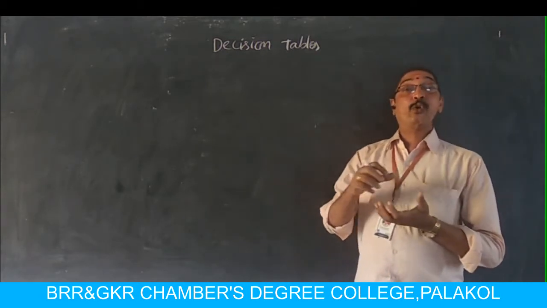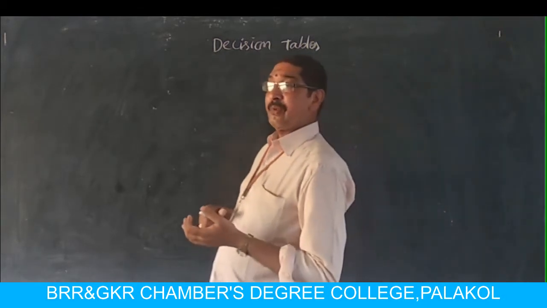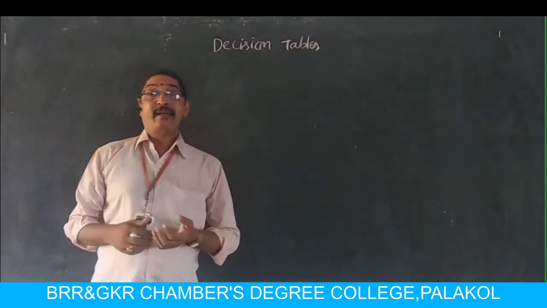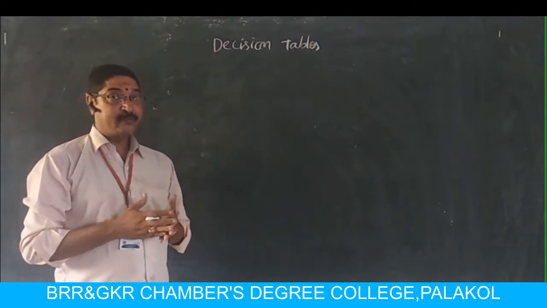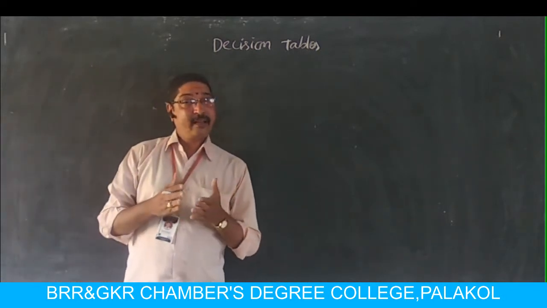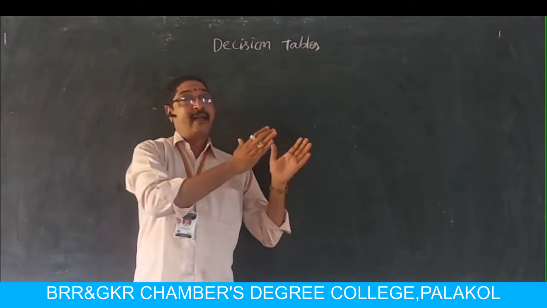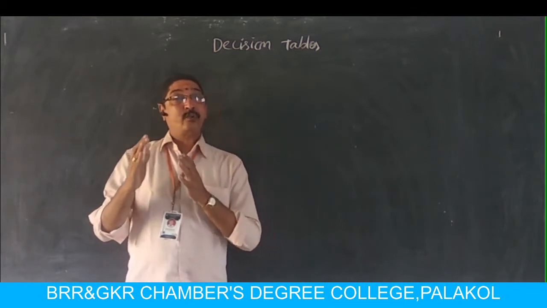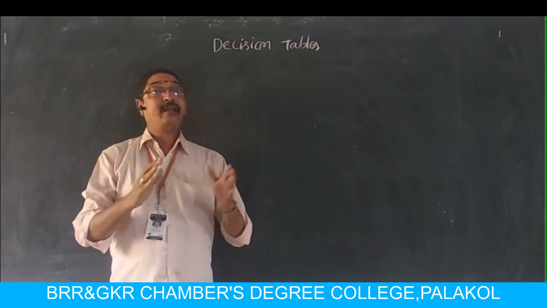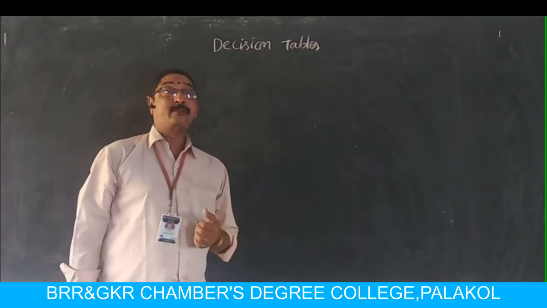This helps to make better decisions. There will be different conditions in a system, and based on the condition, we have to take a decision. What conditions we will have and what actions we have to take, all of this will be explained with the help of decision tables.